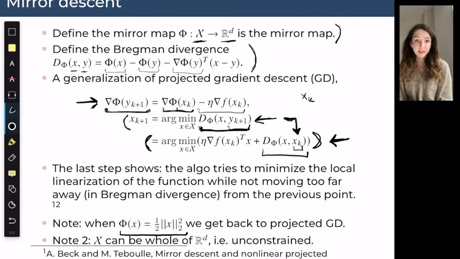So this is why we say it's a generalization, because for a particular choice of the mirror map, we get back to projected gradient descent.